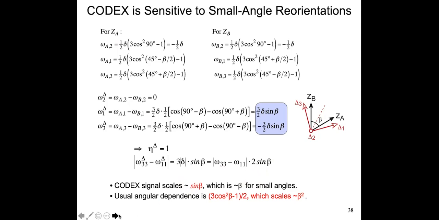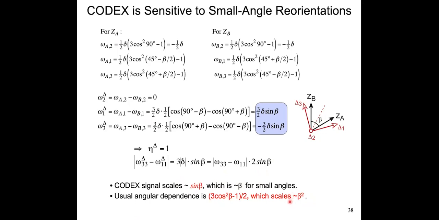And for typical angular dependencies in NMR, usually you follow the second Legendre polynomial, which is 1/2 (3 cosine squared beta minus 1). And if you work through for small beta, take that function, you get beta squared. So a small angle, if you square it, it's an even smaller number.